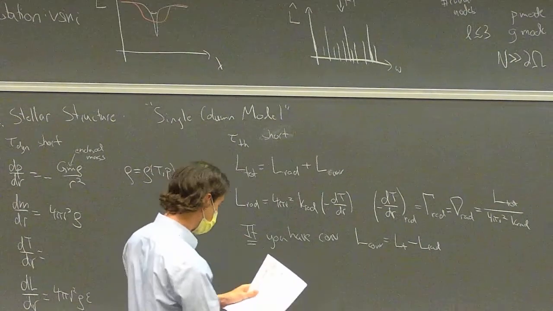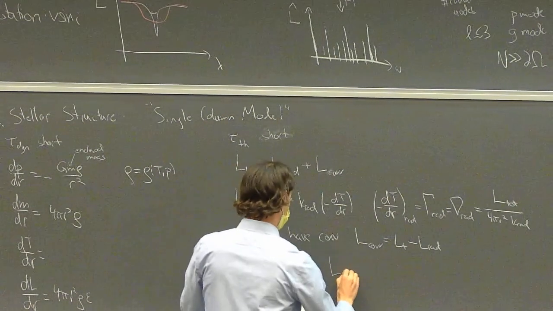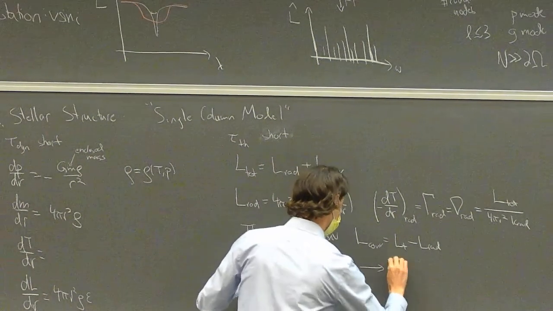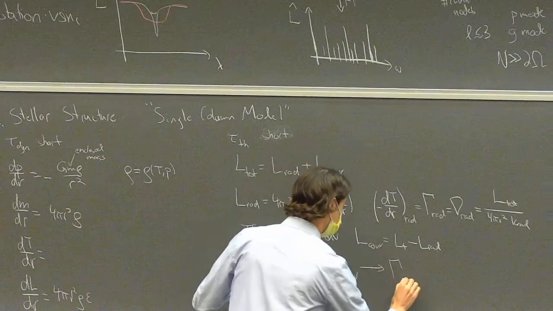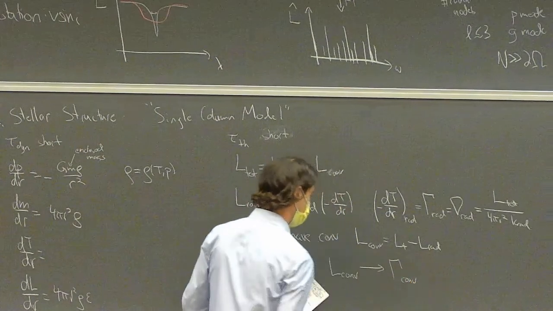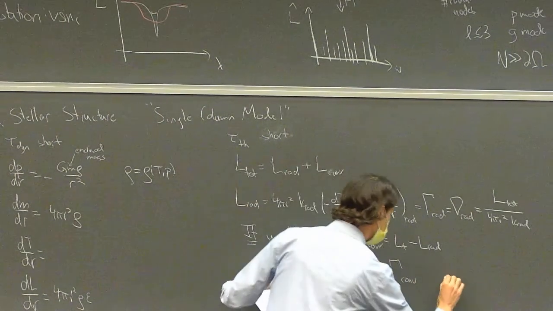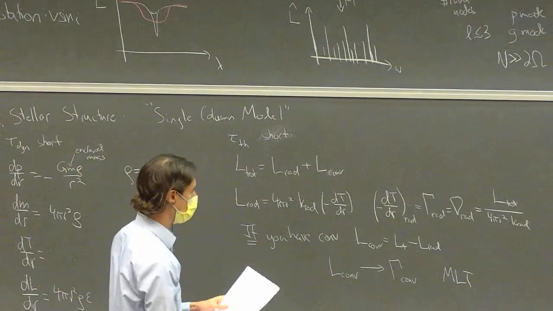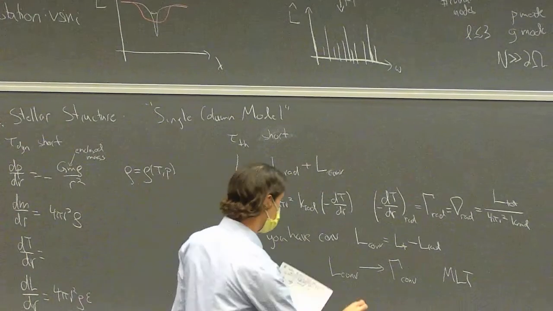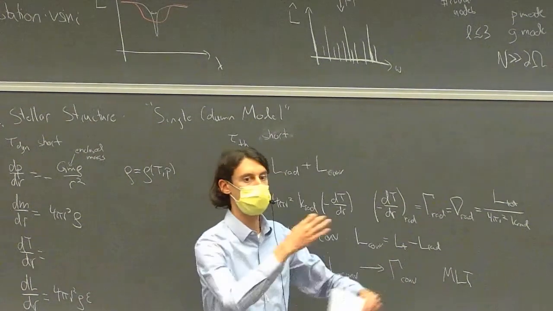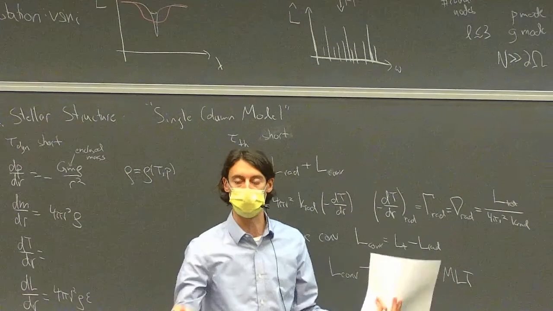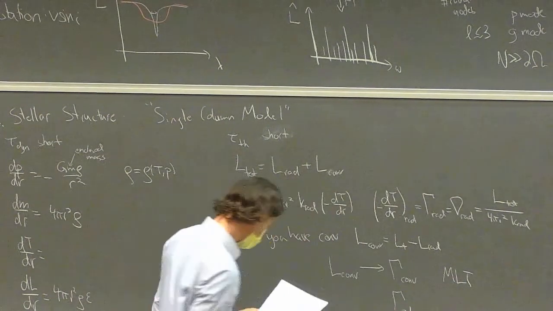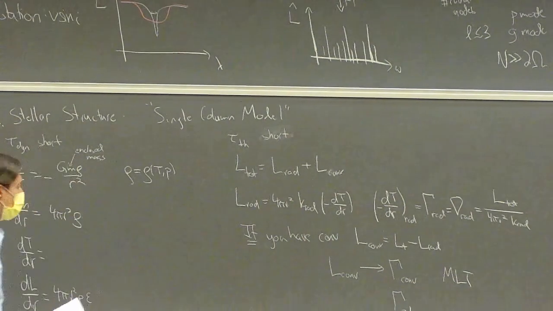Then you need to have a way of getting from the convective luminosity to a convective lapse rate, and the way that this is done is using what's called a mixing length theory. I don't have time to get into that here, but I'll just say that in the simplest model, you say that the convection mixes things towards being adiabatic, so that this is just given by the adiabatic lapse rate.